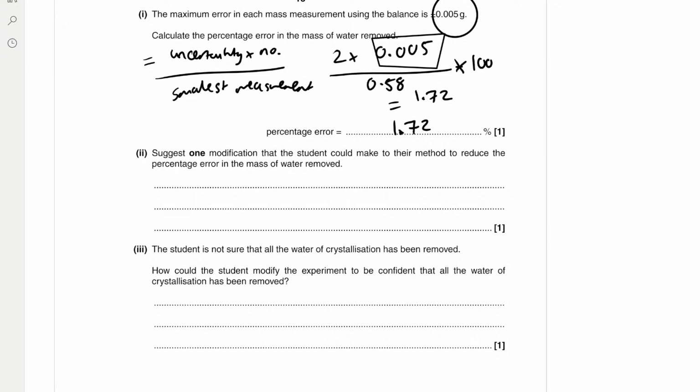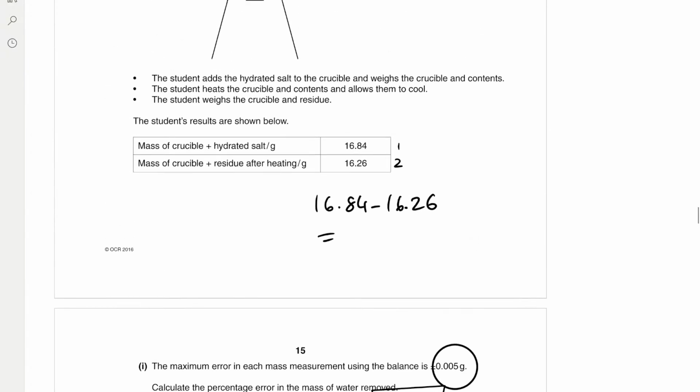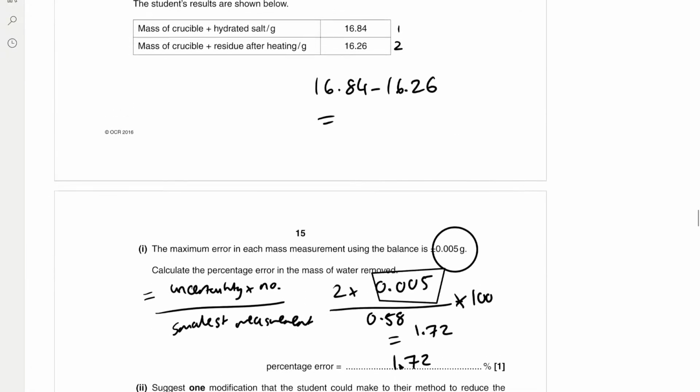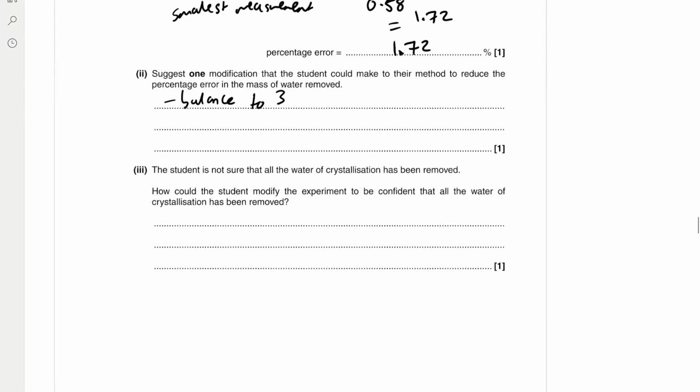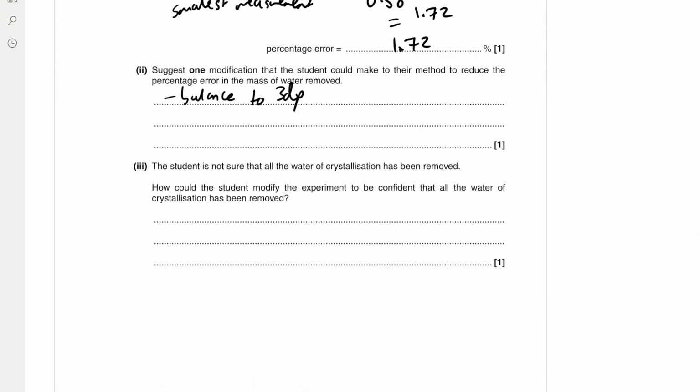So by using a balance, how many decimal places was it? So this is the 2 dp. So we want a balance with 3 dp to reduce that uncertainty, to make it more precise.